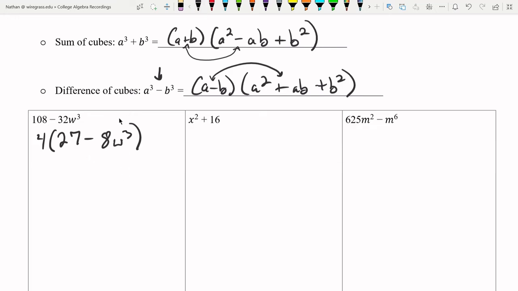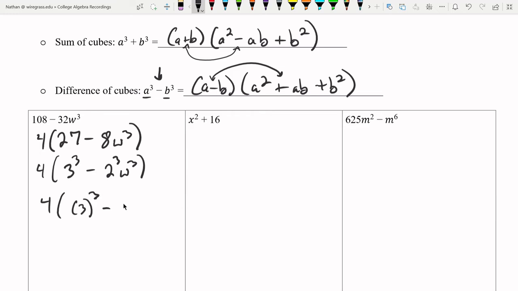Now all we have to do is write this in a cubed minus b cubed form. So 27 is the same thing as 3 cubed. 8 is the same thing as 2 cubed. So I can write this as 2 cubed times w cubed. And I can rewrite both of these in this form: 3 cubed minus 2w cubed.